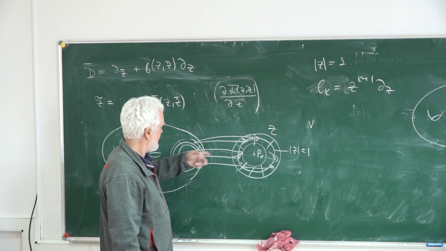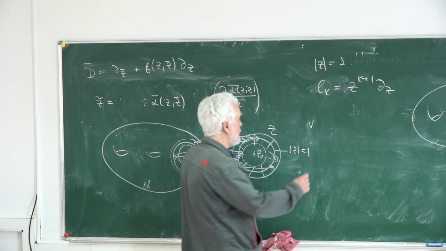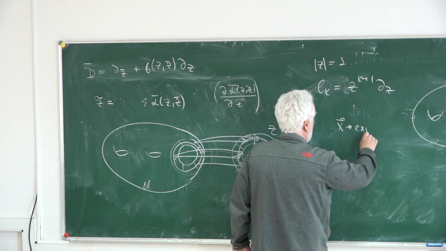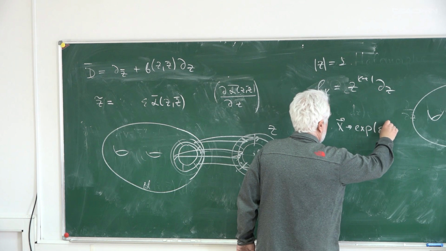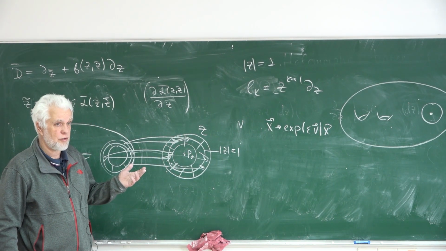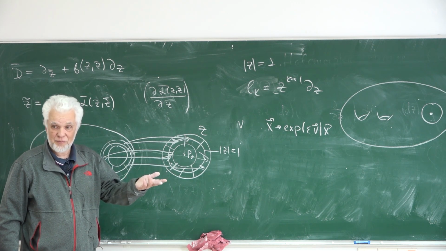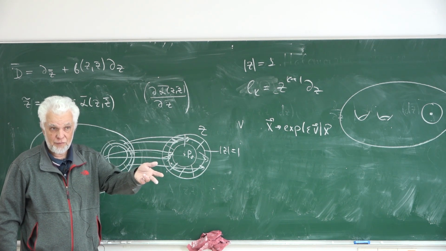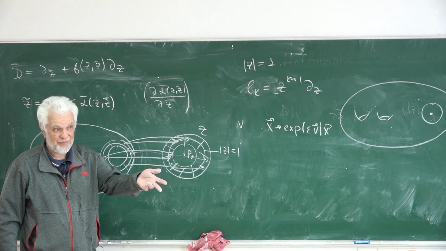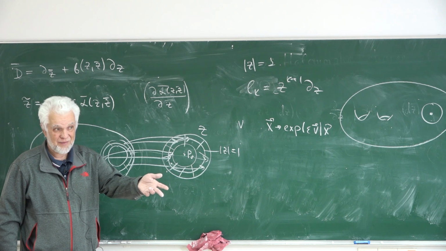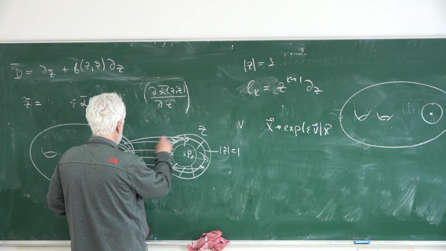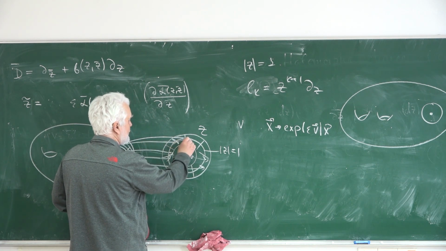Then you can move a point x. You understand this notation: I simply integrate the differential equation for a time epsilon. We have a vector field, therefore we can shift a point along the vector field. Is it clear? So instead of gluing to this point, we glue a new point.